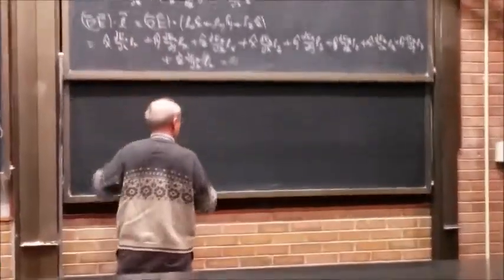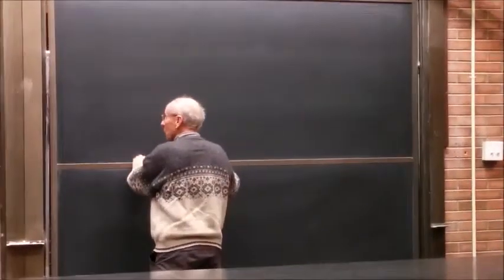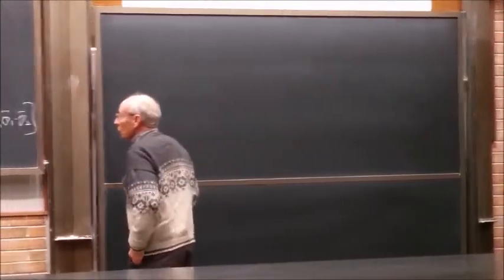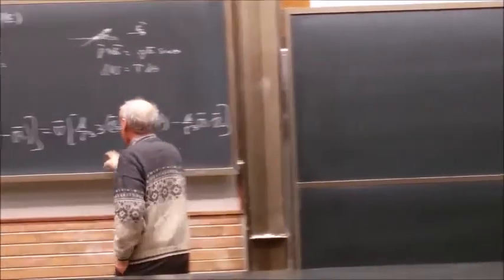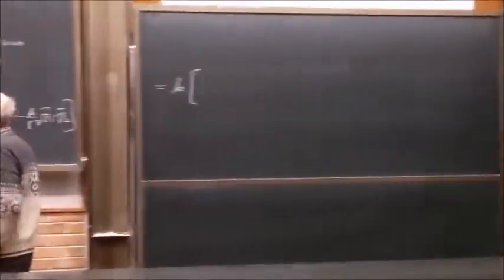Okay. So now we just use our usual vector rules. K is a constant, so that'll factor outside.